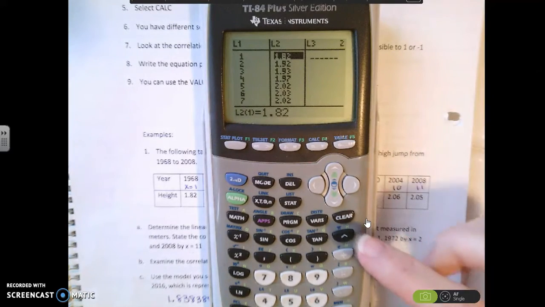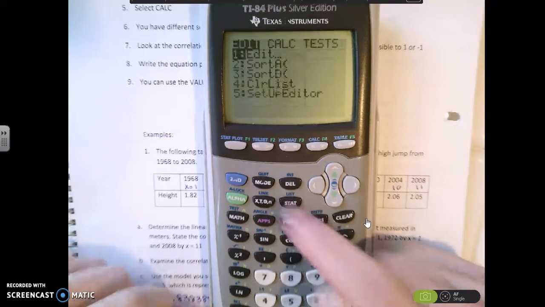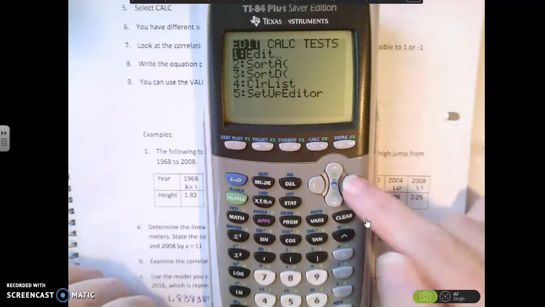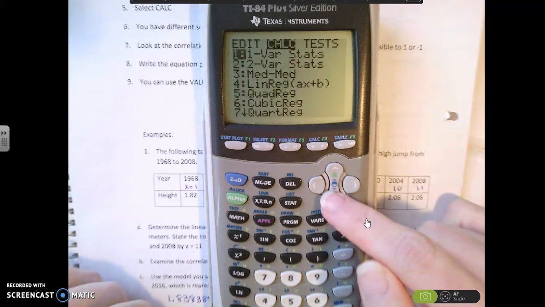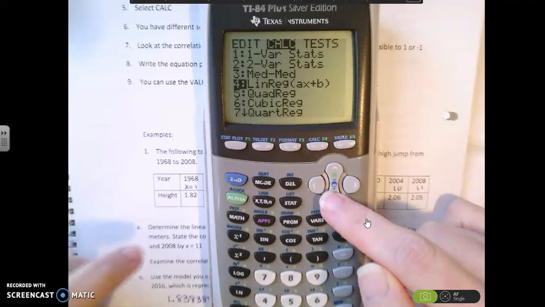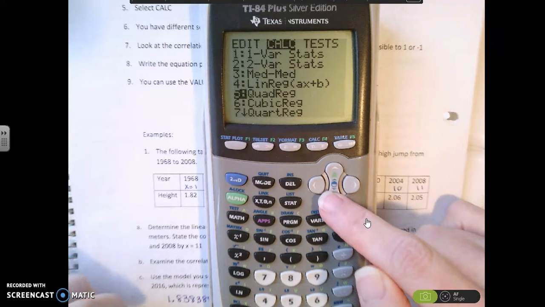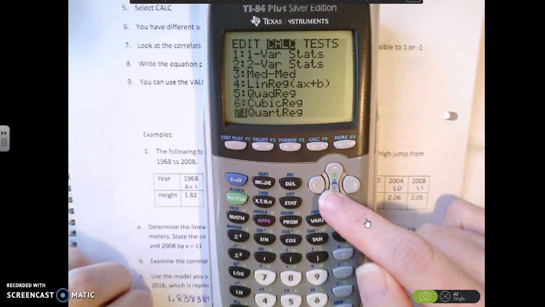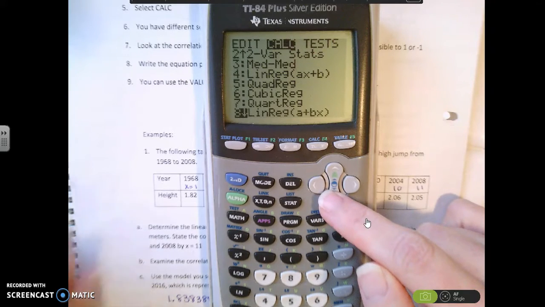So now if I go back to stat and I go to calculate, you'll notice some different options here. We have an LINREG. That's a linear regression line. So if I think that the equation is a line, then I can choose that. The next one is a quadratic regression line. So if I think the problem's a quadratic, I could do that. Cubic regression, quartic regression, another linear regression.